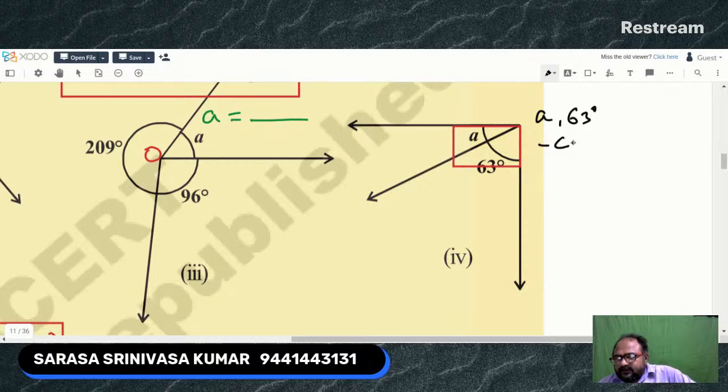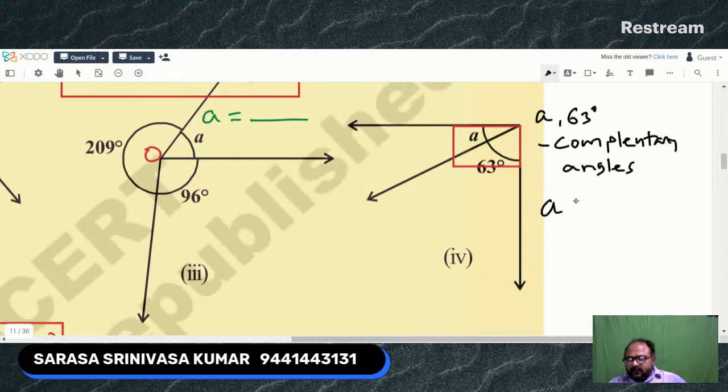Complementary angles form 90 degrees. That is, angle A plus 63 degrees is equal to 90 degrees.